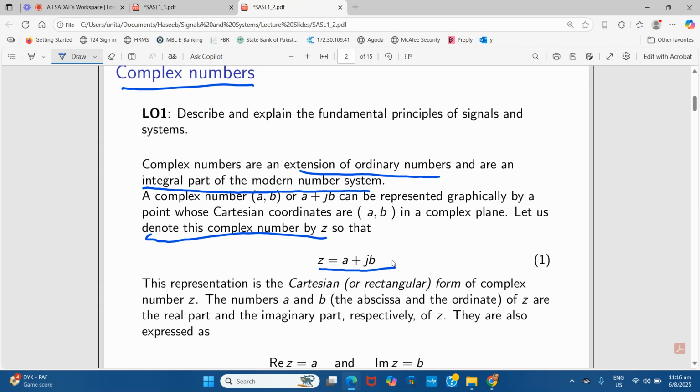This is known as the Cartesian form of a complex number z, also known as rectangular form. It has two parts: a is the real part and b is the imaginary part.